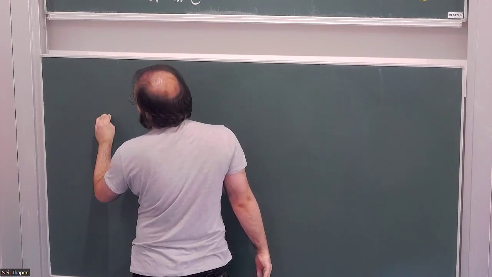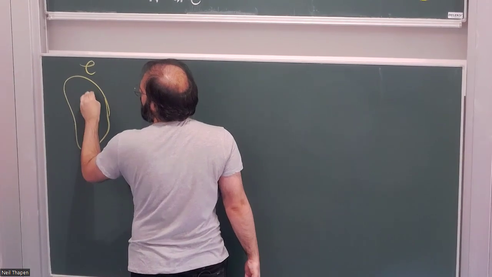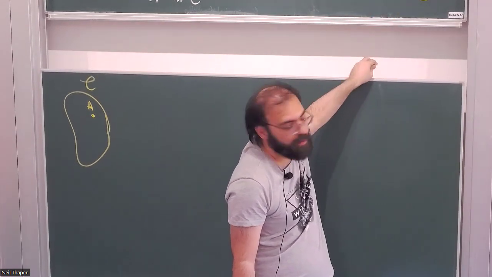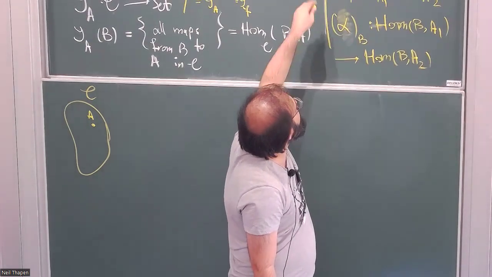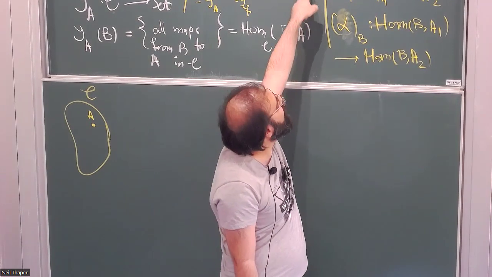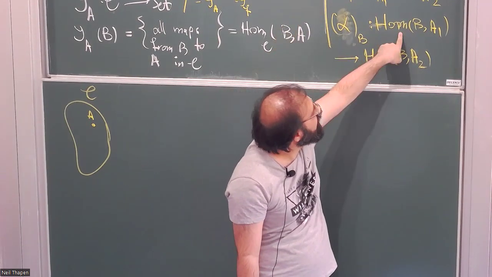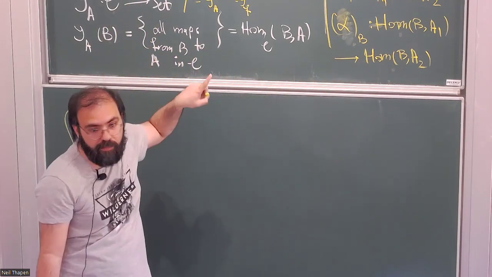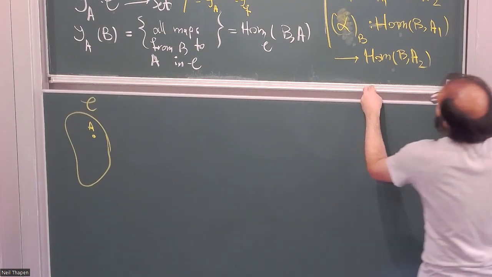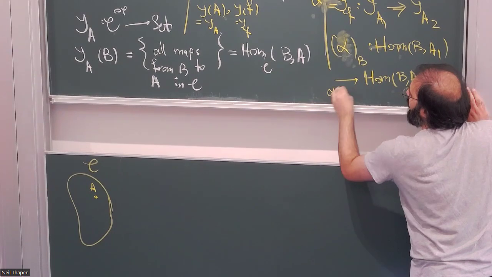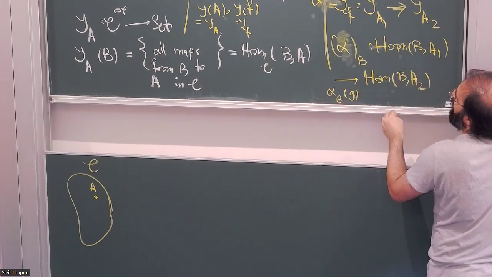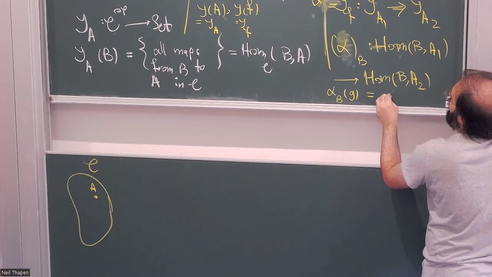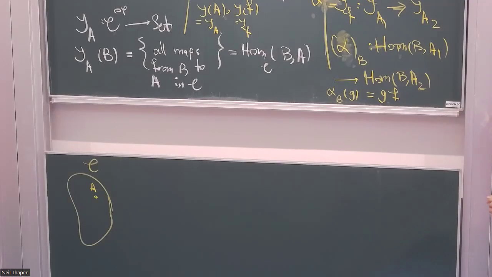Simply, this is my C. I have to define alpha on any B. You have to define the natural transformation alpha, which means that you have to define it for any B as a function from this Hom set to that Hom set, where B is some arbitrary object in C. So I have to define alpha B of some G, where G is here, which is just composition with F and with G.